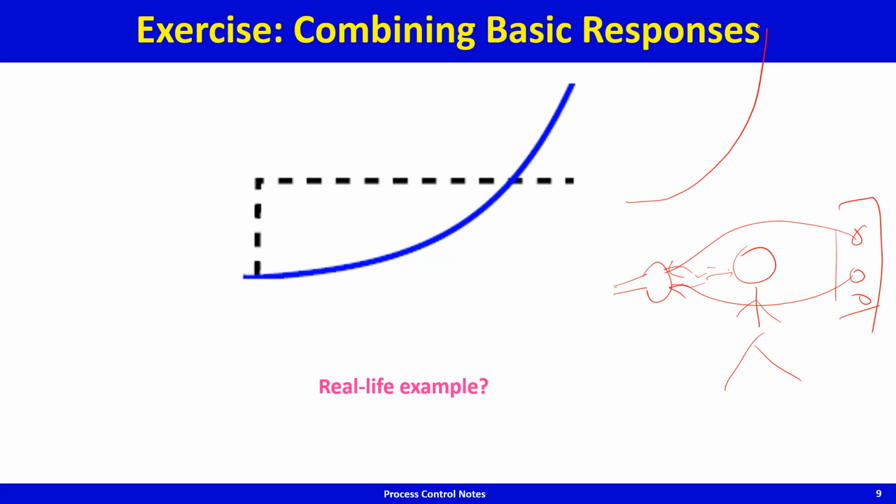The speaker will blow up because of feedback. So a hint is it will have to be a feedback structure. In order to get this, you will have to have some kind of feedback. But this is a real life example. When you have a microphone system, and if the volume is too large, the speaker starts to boom, and unless you put the volume knob down, the speaker will blow up. That's this kind of response. But how do we get this kind of response? By combining our simple basic response types. Please do this as an exercise.